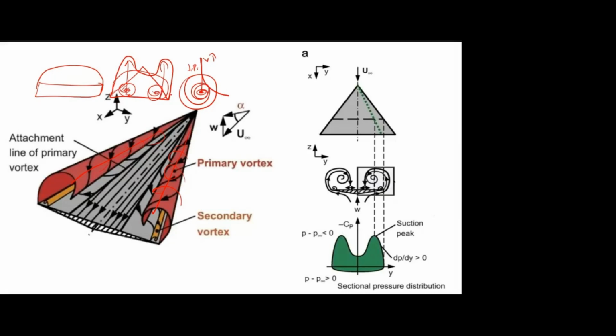For the normal wing, there are no vortices on the wing, so it will be like this. But here, due to the vortices, there is some low pressure on both vortices that increases the pressure difference. So instead of like this, we are getting a peak in the vortex regions. This additional pressure difference we are getting. Is that clear?